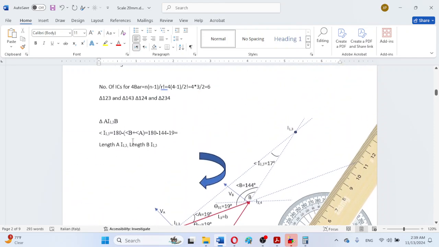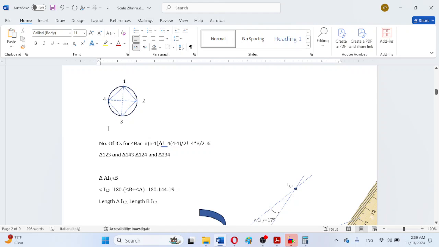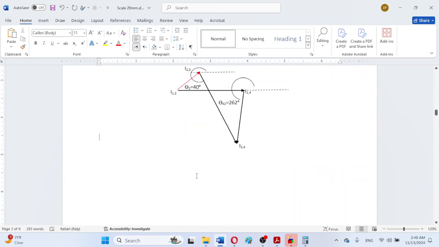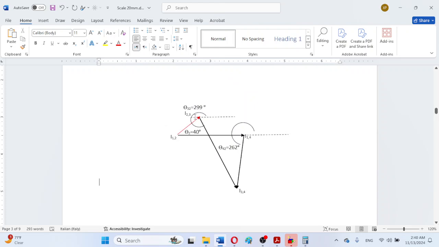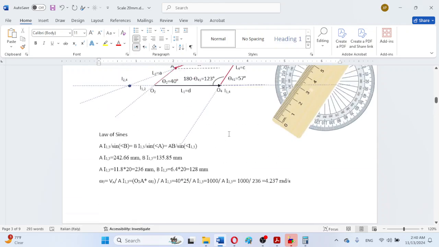For example, if we use the triangle 1 2 3, as we can observe, for the instant centers I1,2 and I2,3, the third instant center I1,3 will be located on the line connecting the instant centers I1,2 and I2,3. Means this is I1,2 and this is I2,3.